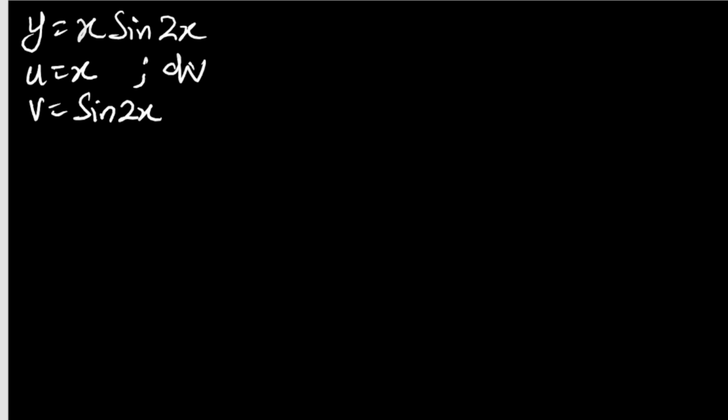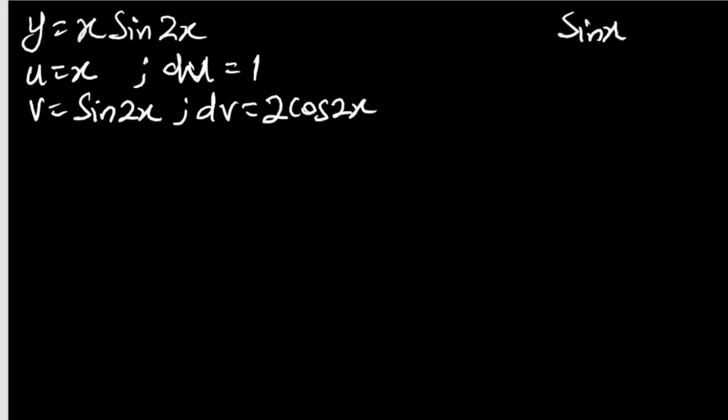Now we need to find du, that is differentiating u with respect to x, which is 1. We need to find dv, which is 2 cos 2x. Now let me explain. Sine x differentiates to cos x. Let's assume we have sine 2x.